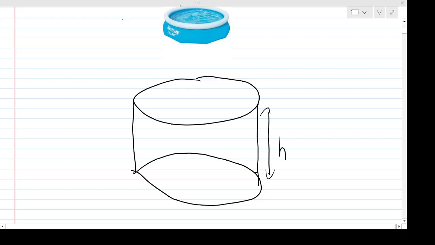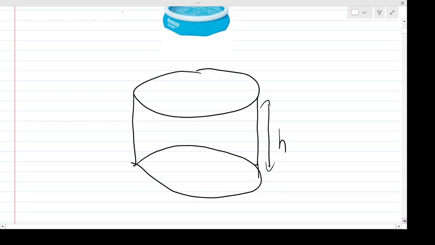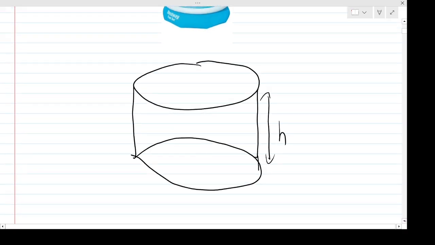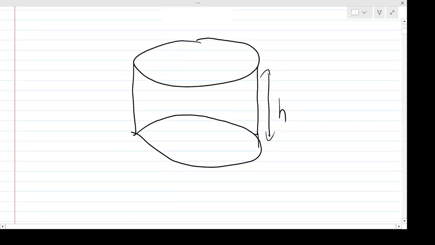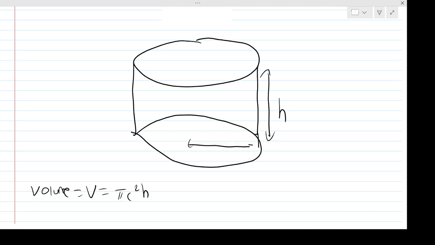So the idea is the shape can change. This cylinder can change shape and move about as we add more water and change the height of it. So this leads us to the idea of considering how things change. We know in general that the volume of a cylinder, the volume V, is pi r squared h, the radius here, and then the height h.